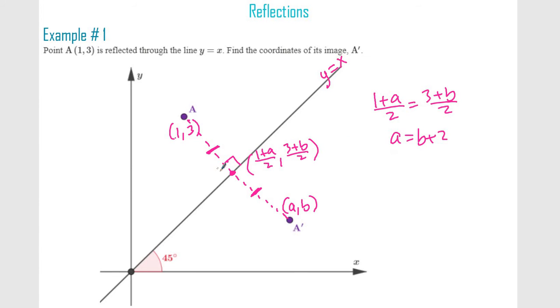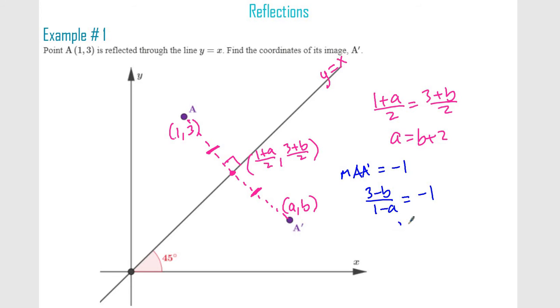All right. We also know that the slope of this line, y equals x, is just 1. So the slope of this one must be, so the slope of a prime should equal -1. So then we know 3 minus b over 1 minus a is equal to -1.